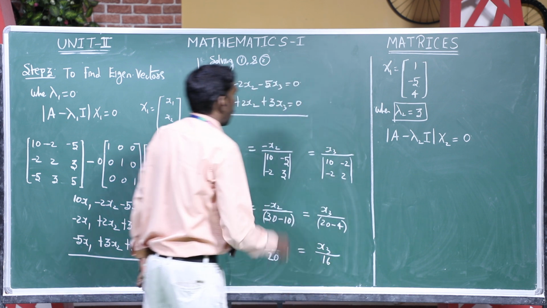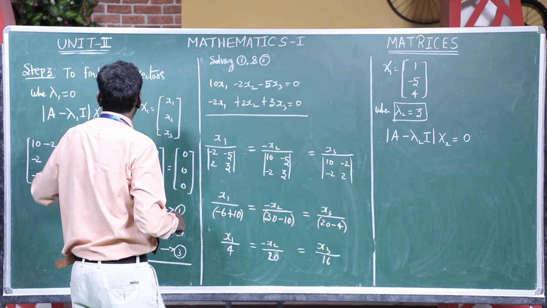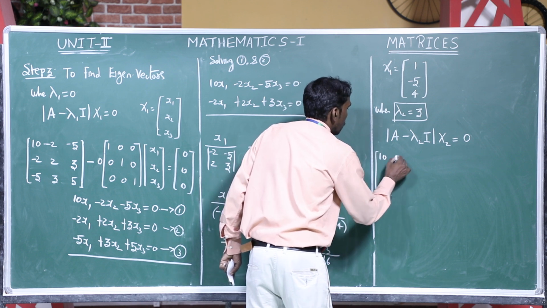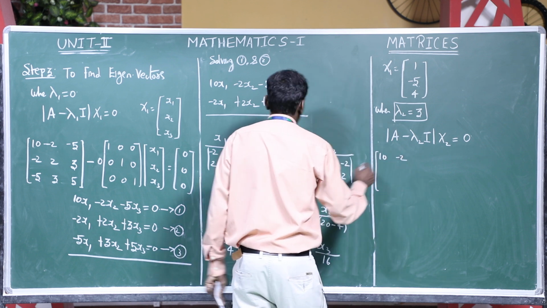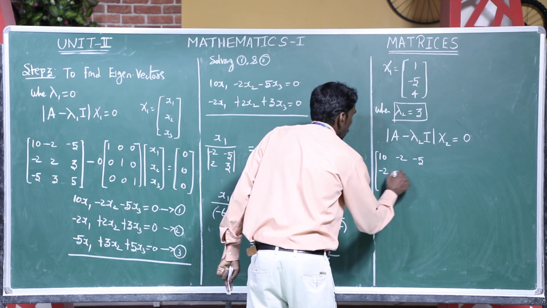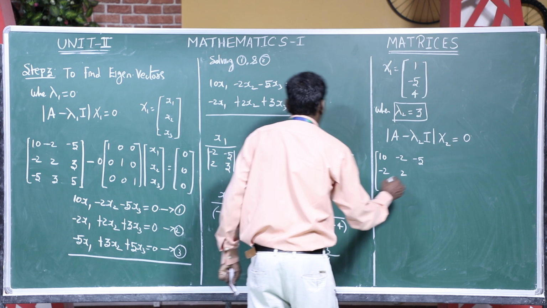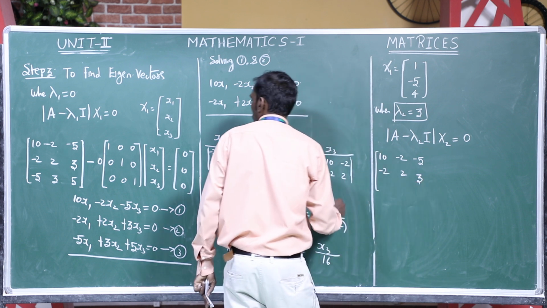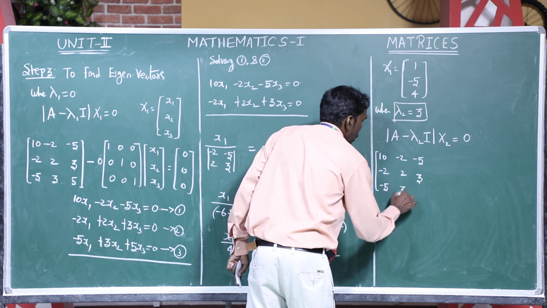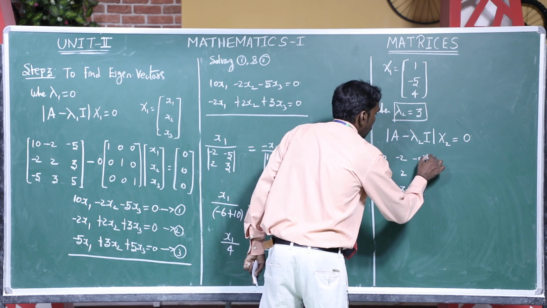Similarly, you only replace the lambda value. So here 10, minus 2, minus 5, then minus 2, 2, 3, then minus 5, 3, 5. This is our A matrix.